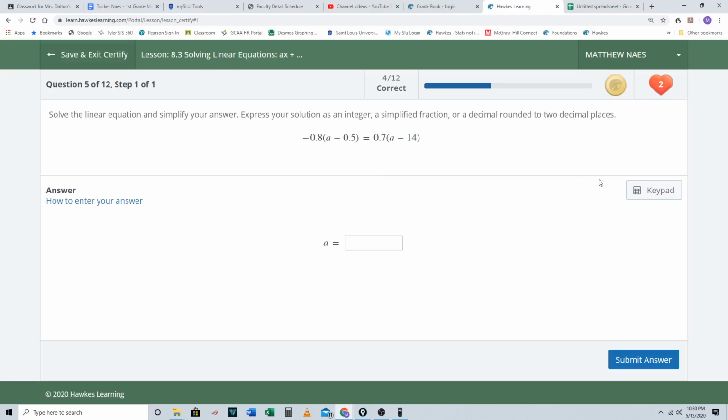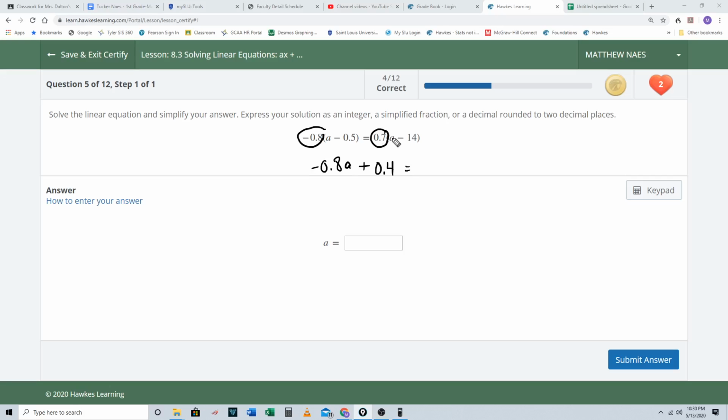All right, so again, another parentheses. We got to get rid of the parentheses first. Always get rid of the parentheses. Simplify. Multiply these through. So negative 0.8 times a is negative 0.8a. Negative 0.8 times negative 0.5 is positive 0.4.